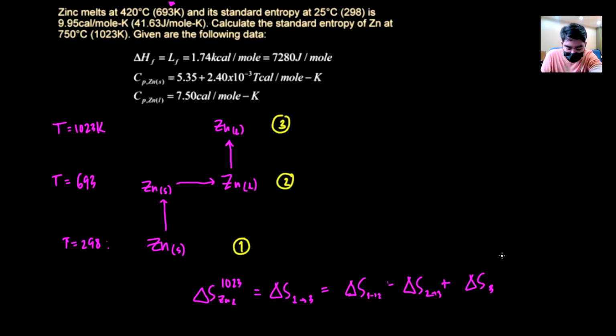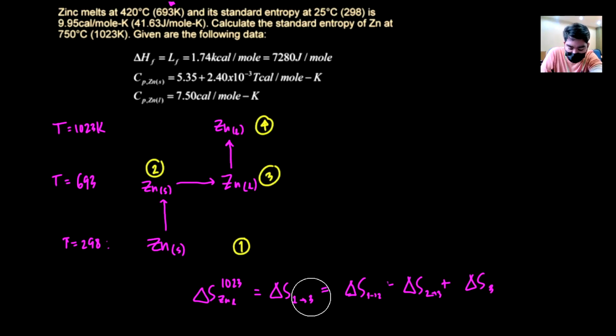Or more accurately, this is delta S from 1 to 2, from 2 to 3, and from... meron pa pala, no? Ito pala yung state 2 natin. State 3, tama? Kasi nag-change siya ng state when it transformed into liquid, and state 4.